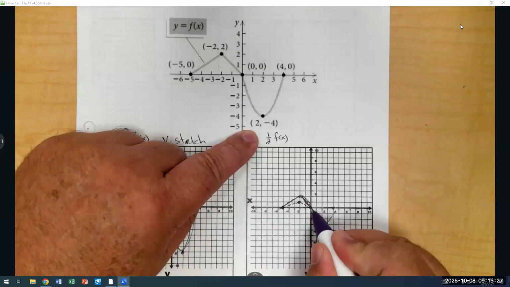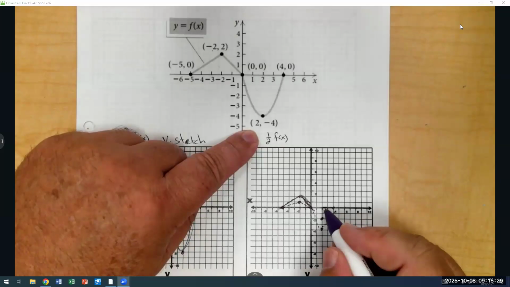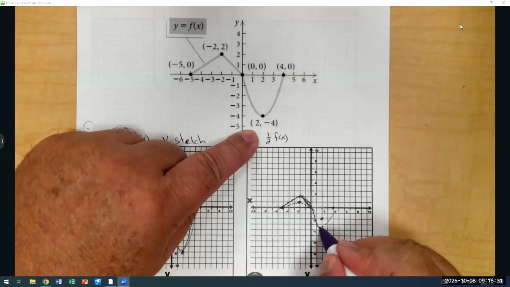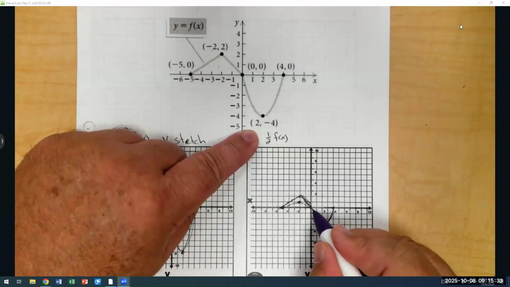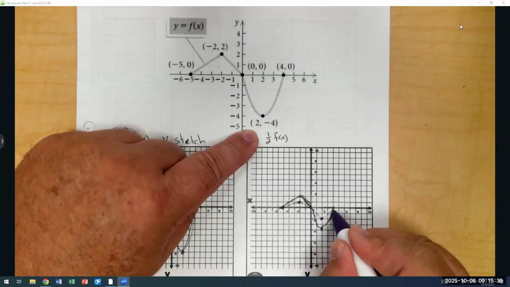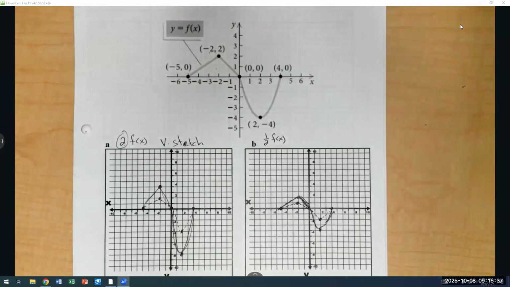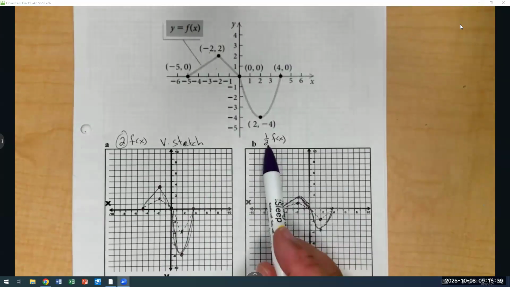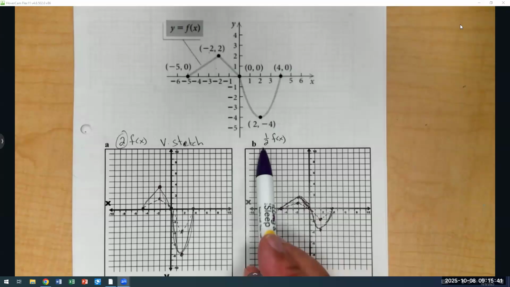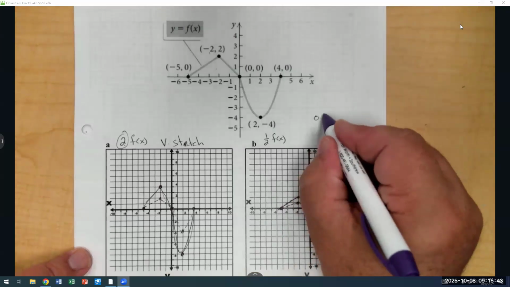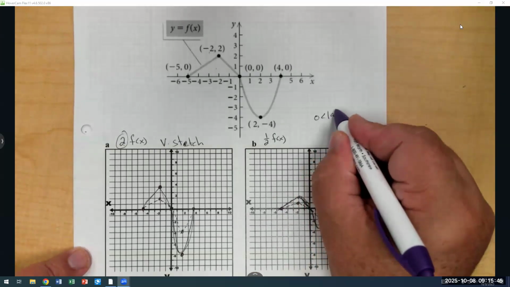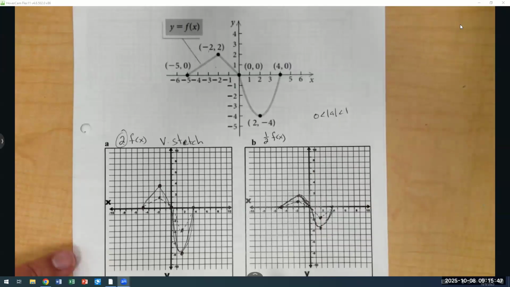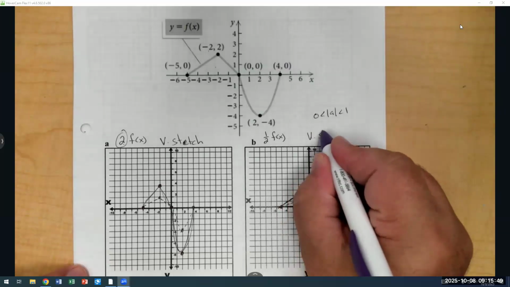All you're doing is changing the y values. So because my a value is less than 1, this is a vertical shrink.